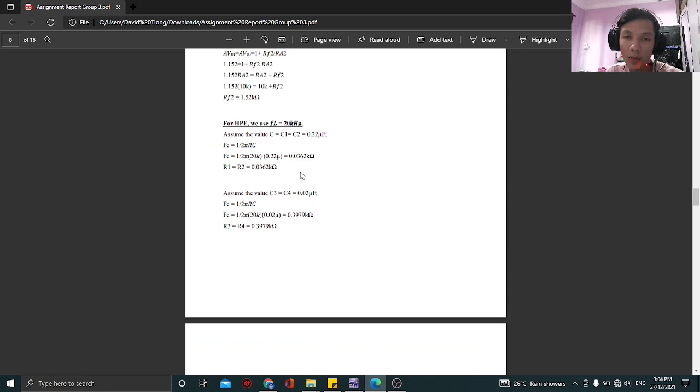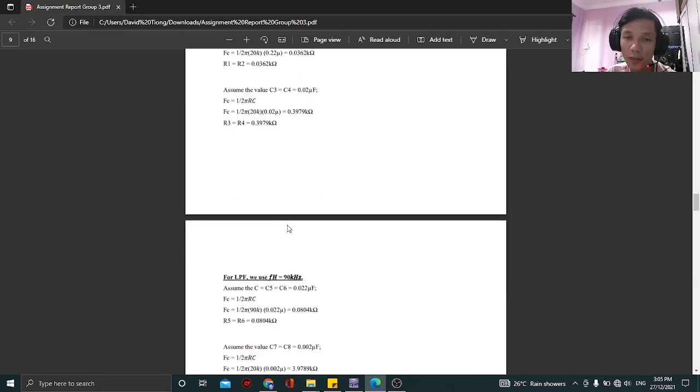For the HPF we use the low cutoff, which is 20 kHz, and we assume C1 equal to C2 equal to 0.02 microfarad. Using this formula, we get R1 and R2 equal to 0.0362 kilo ohm. Next we assume C3 equal to C4 equal to 0.02 microfarad, and for R3 equal to R4 we get 0.3979 kilo ohm.